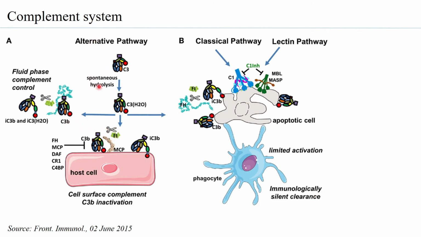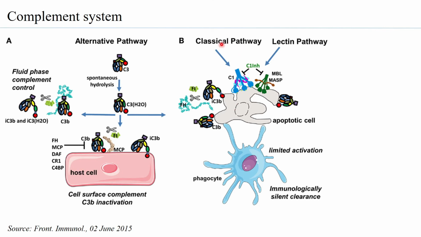So, as you can see over here, C3 is the main component of the alternate pathway, and through a cascade of events, it is able to form a complex on the surface of the host cell, thereby making the host cell either get lysed or get eliminated.